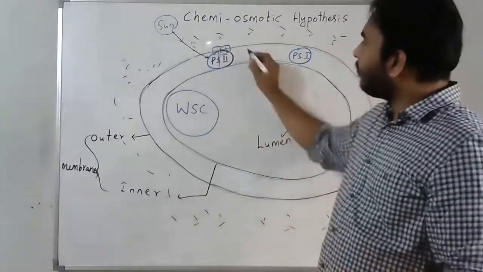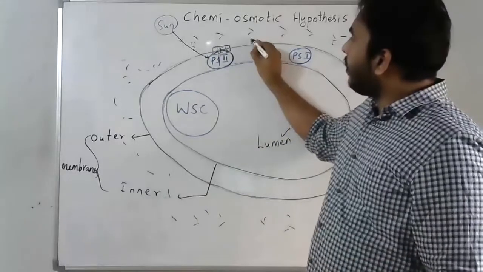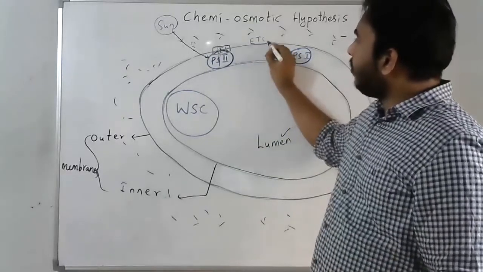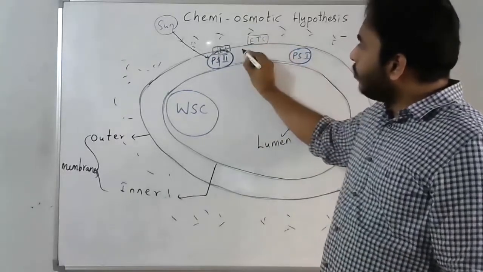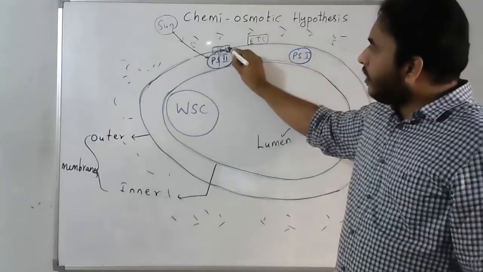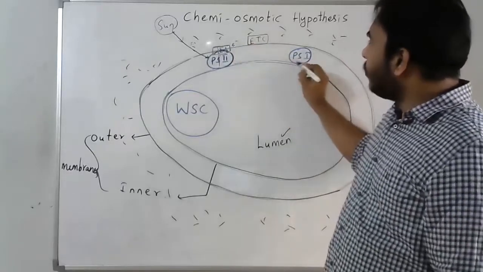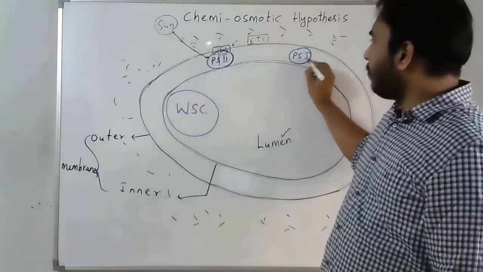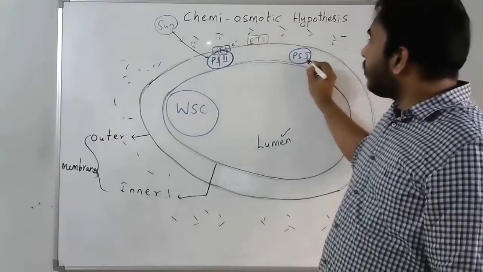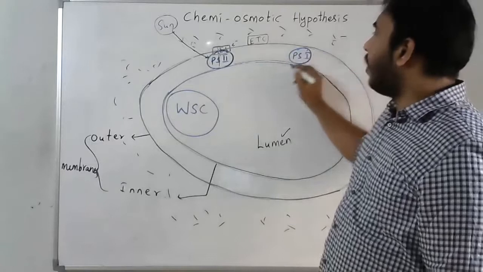And then here is the electron transport chain, and through this electron transport chain, these electrons are transported to PS1. That means this is nothing but photosystem 1.